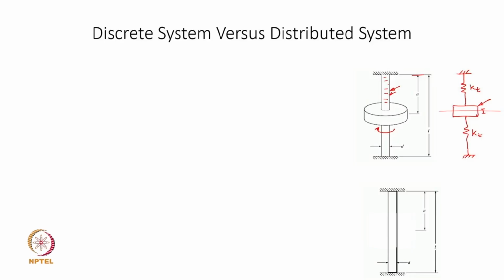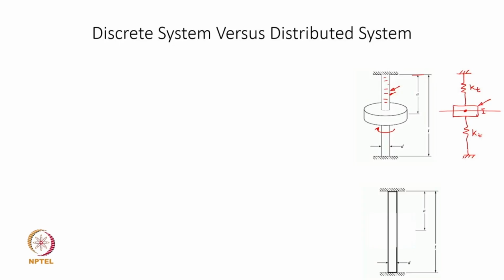In that case we can definitely assume that the mass properties are associated with the disc, and the stiffness property is associated with the shaft, and that more or less works fine in giving a reasonably accurate estimate, as I said, mostly when the inertia properties of the disc are much larger in comparison to that of the shaft. However, in some cases this kind of lumping may not be feasible or may lead to inaccurate results.